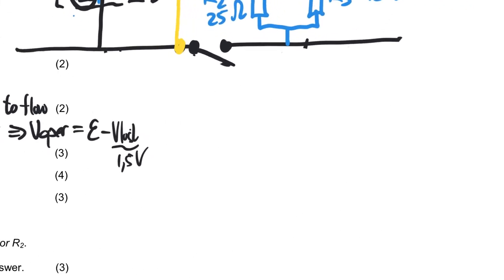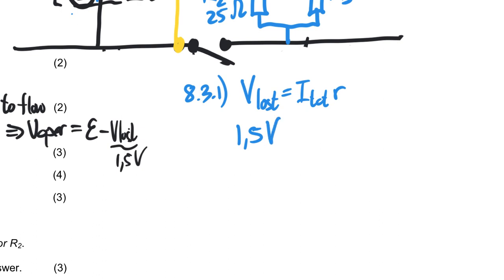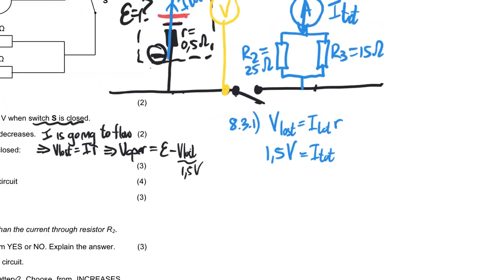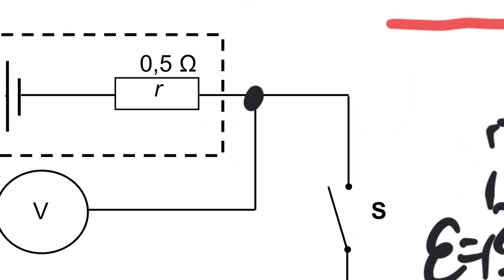So this is now 8.3.1. We can say that V lost equals I total times the internal resistance. We know that the V lost is 1.5 volts. We are looking for the total current, and we were given the internal resistance. The internal resistance is 5 ohms.